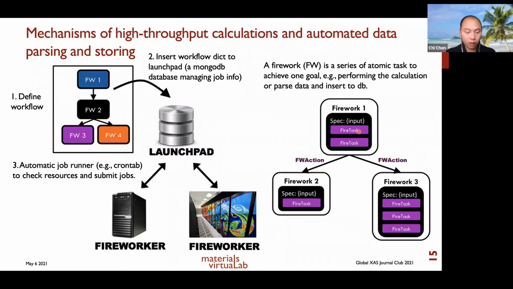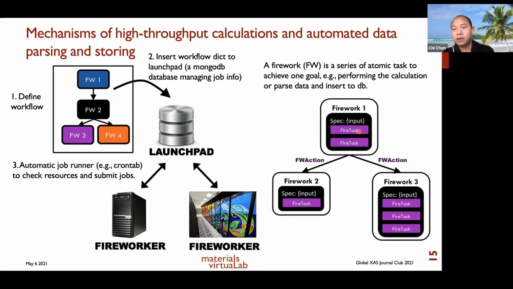Your workers can be a local computer or a supercomputer center. The workers fetch the job from your launchpad and run the jobs on their local machine. Once the jobs are run, they automatically insert the parsed data into a database.